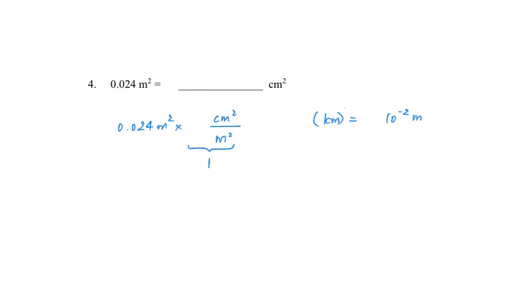If we take square on both sides, it becomes 1 cm square, and the right hand side will become 10 to the power of minus 4 meter square, and therefore 1 cm square divided by 10 to the power of minus 4 meters square is equal to 1. By using this concept and putting it into the equation, the final answer should be 240 cm square.